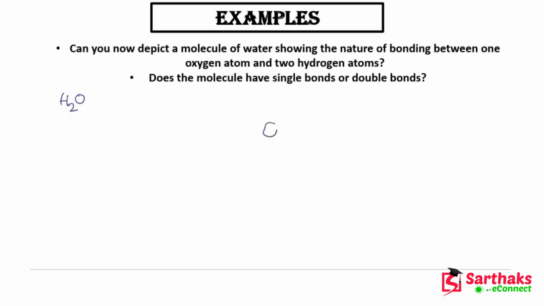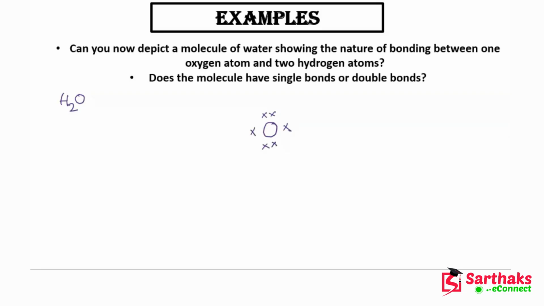Let's suppose I have an oxygen atom. Now we all know that in the valence shell of oxygen there are 6 electrons present. So I will draw those 6 electrons like this: 1 2 3 4 5 and then 6.